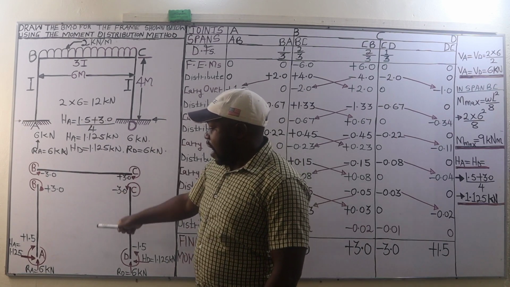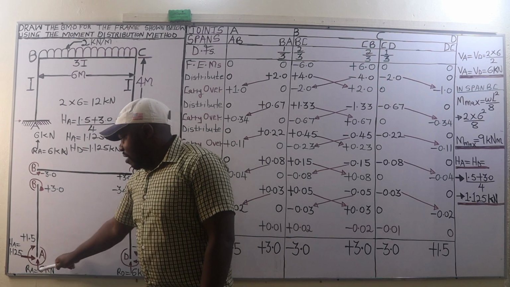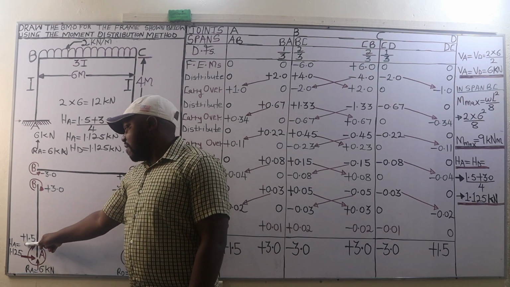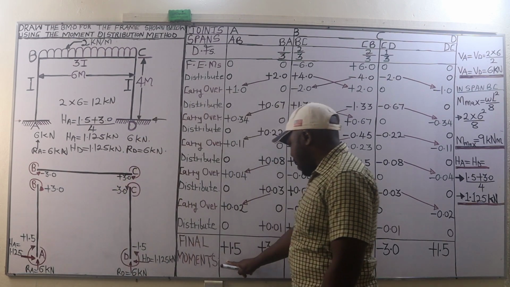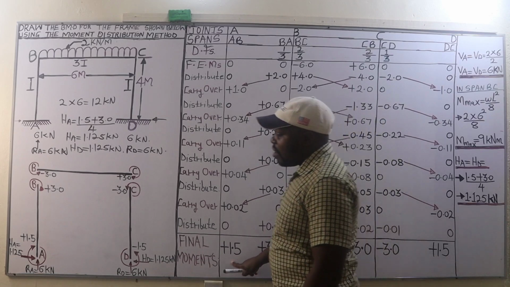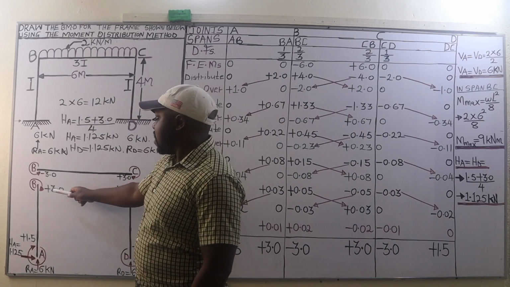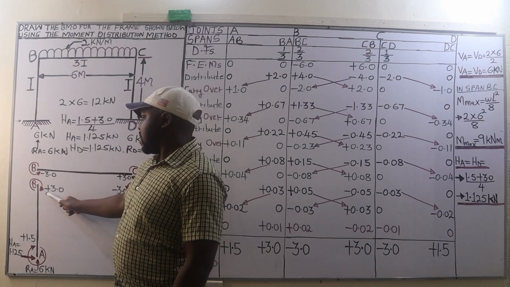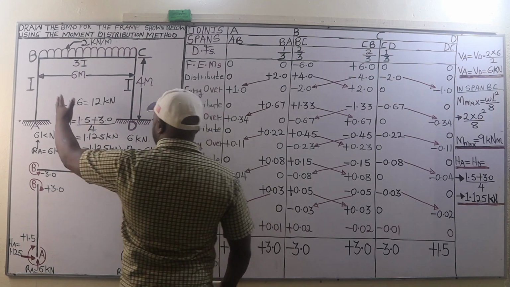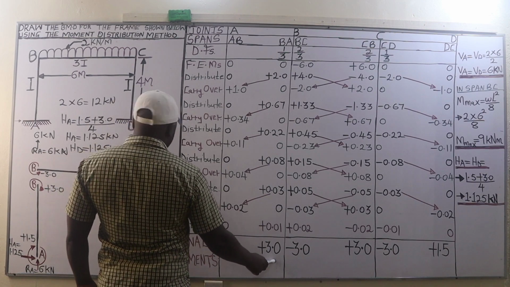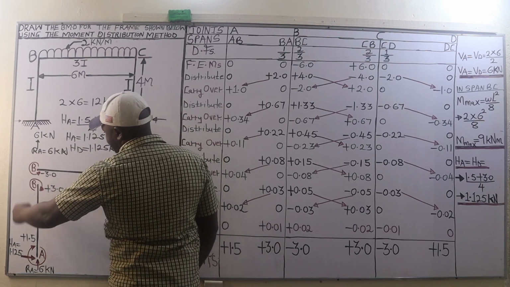Then at joint A, we got a positive moment of 1.5 kilonewton meter, which is a clockwise moment. That is why it is positive. Then that one at B is on member BA, we got positive 3.0, which is also a clockwise moment.